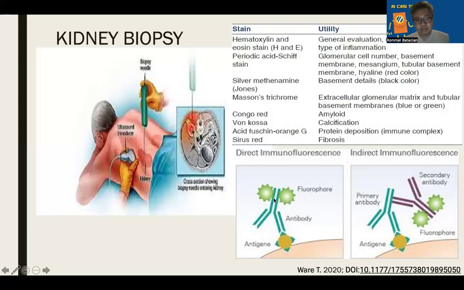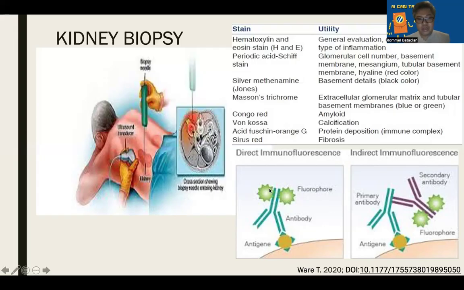Because of that, the antibody is attracted to that area with the antigen, and the fluorophore would glow on that particular segment or part of the kidney. What it shows also depends on what type of antibody you reacted the specimen with.